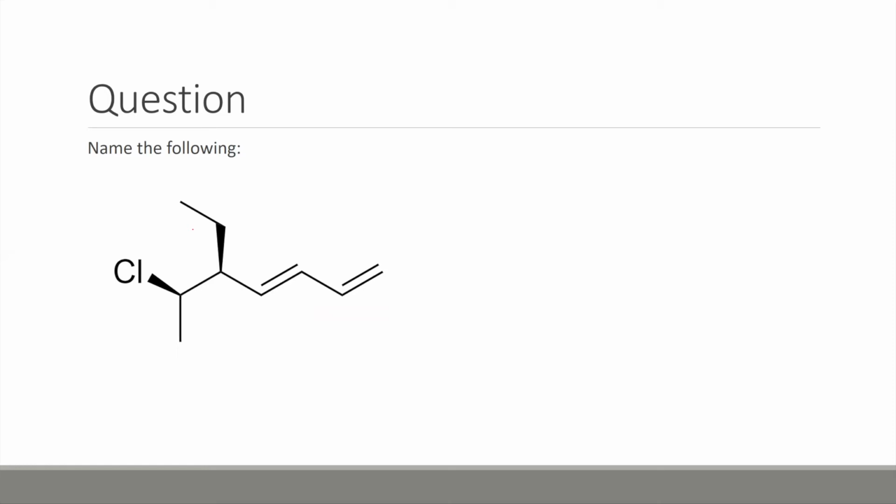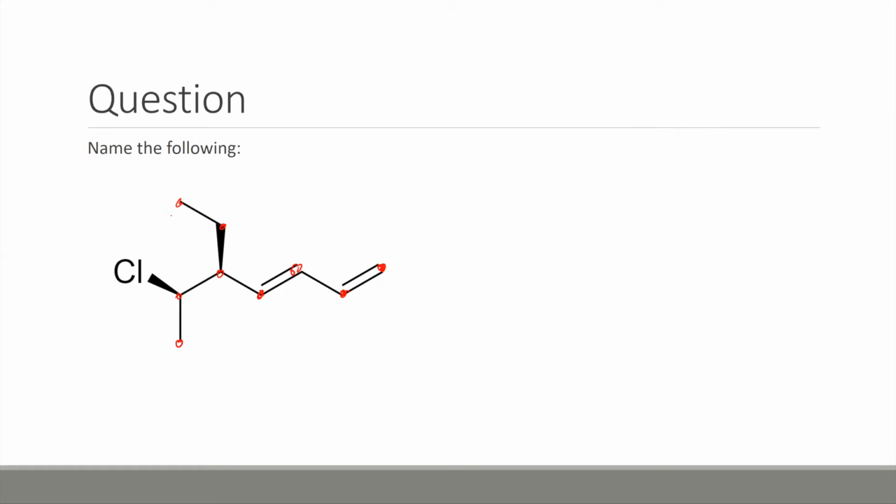And in this case, because we have double bonds, we want the longest chain that contains the double bonds. If we go 1, 2, 3, 4, 5, 6, 7, that's one version. Or 1, 2, 3, 4, 5, 6, 7. So each way is 7 carbons long.